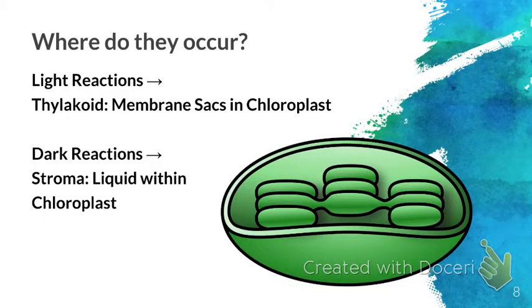The light reactions occur in the thylakoid. If we draw this, these are called the thylakoids. They look almost like pancake stacks. And then the dark reactions occur in the stroma. If I were to fill in the stroma, this is the area here.